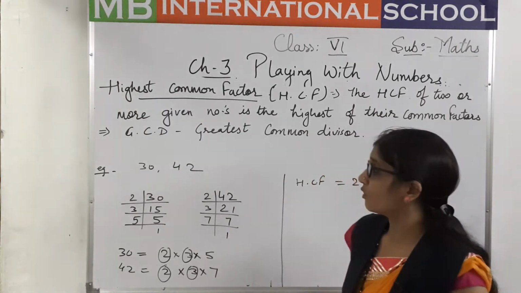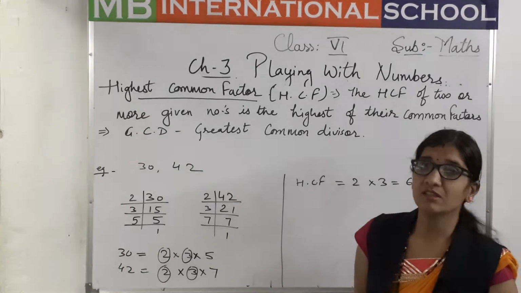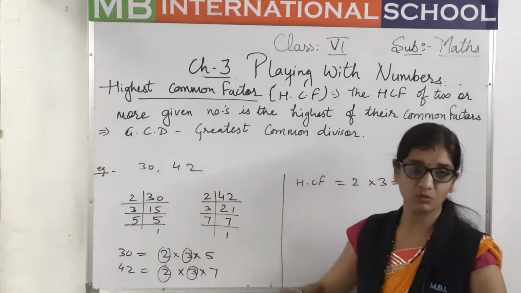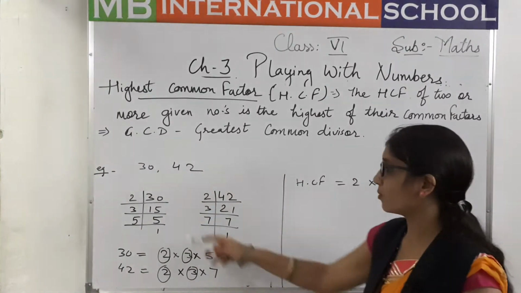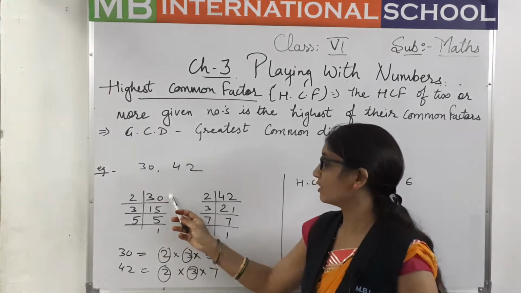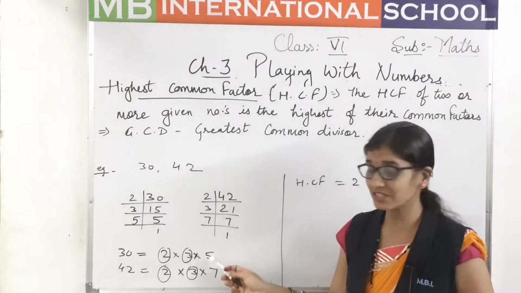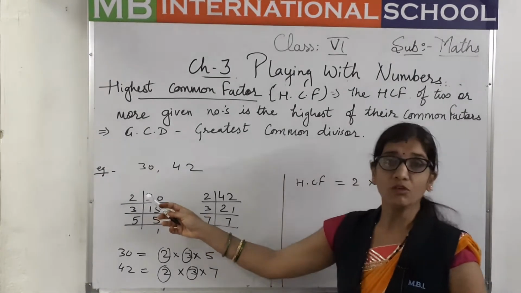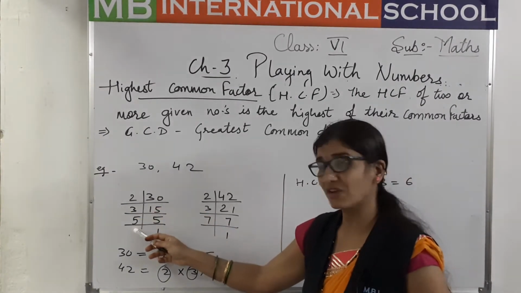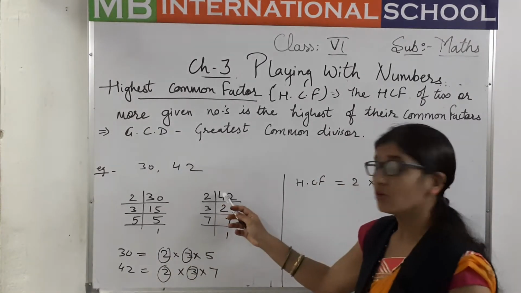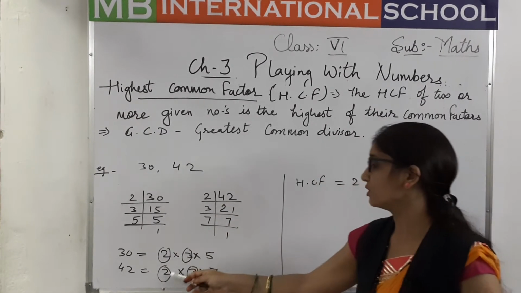Now one example is given here, that is 30 and 42. Already I have explained to you about the prime factorization. So we find the factors of 30 as well as 42 by the prime factorization method. 30's factors are 2, 3 and 5. Factors of 42 are 2, 3 and 7.